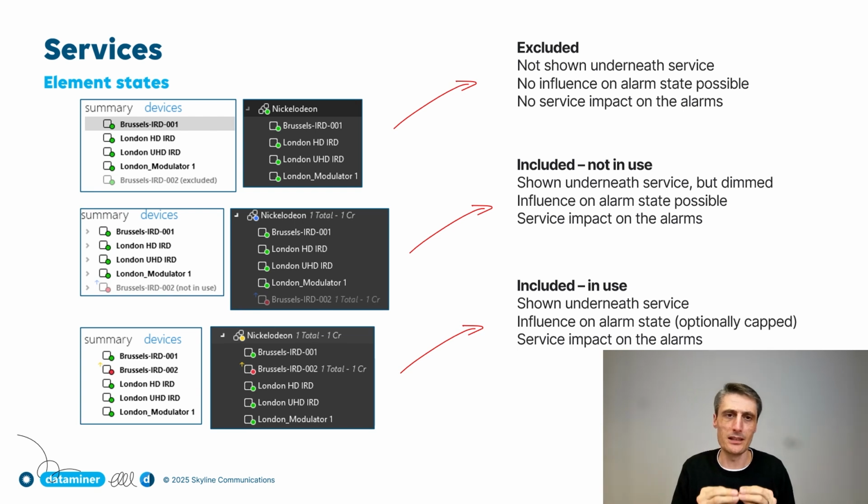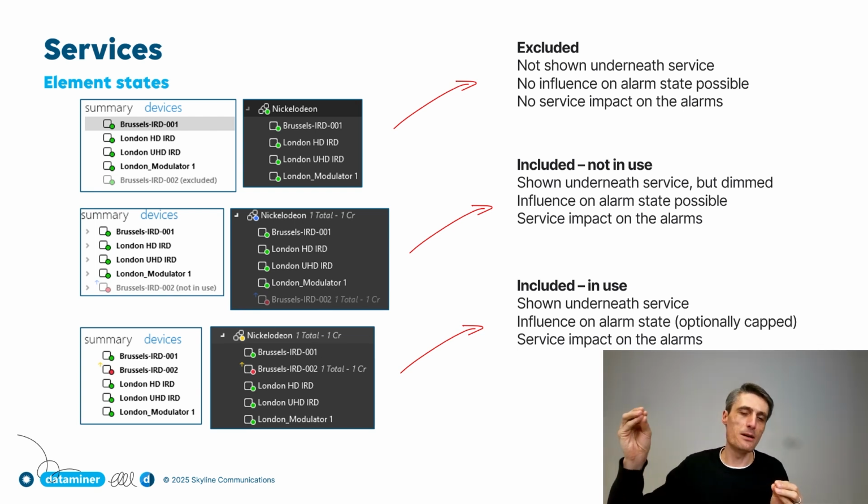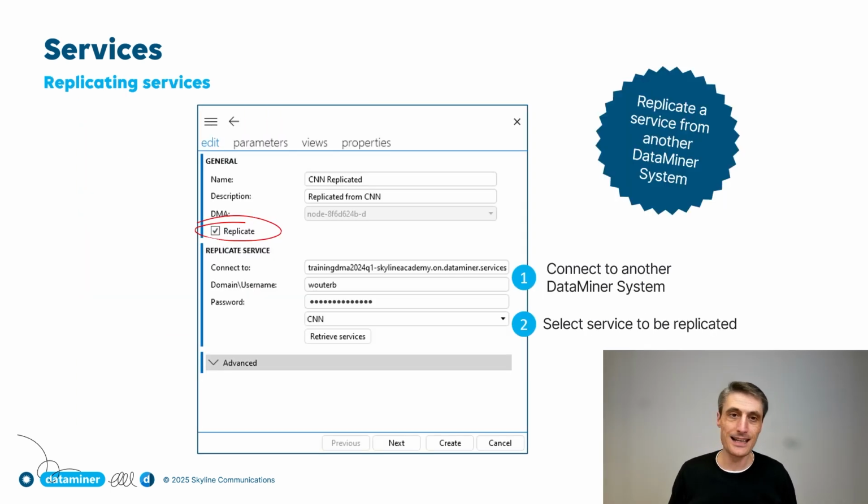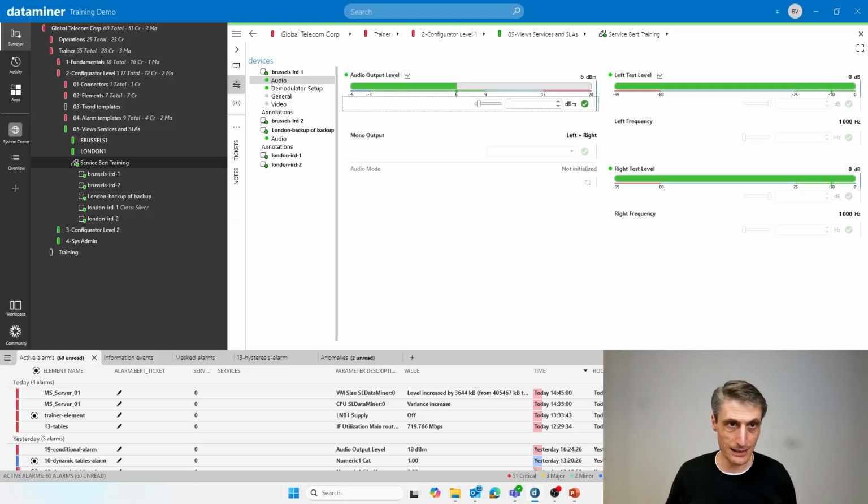Well, indeed, but maybe the element is also used in another service, and that service is more important, and this one wants to bubble up critical, but this one is less important, less frequently used, therefore it only bubbles up as a major and not as a critical. Subtle difference that is possible here. Okay, we will play around with those items and go for, before we go into that replication, with enhancing our service a little bit.